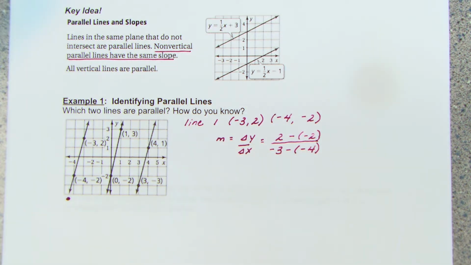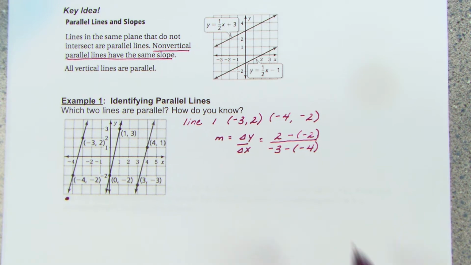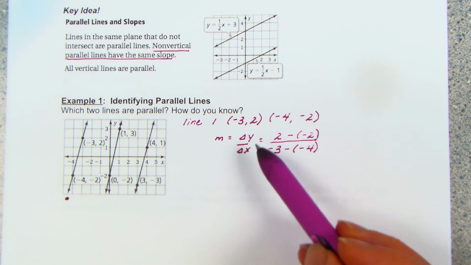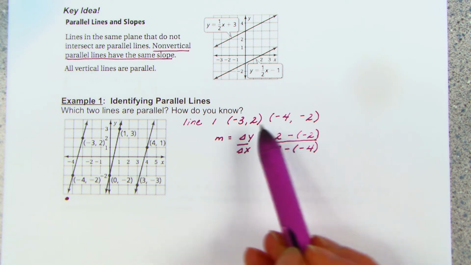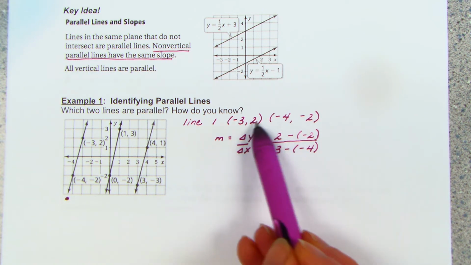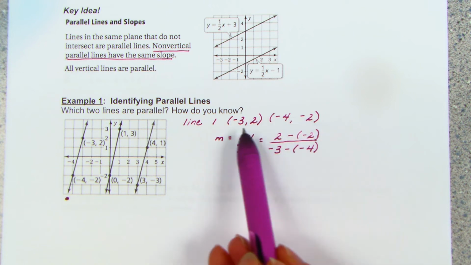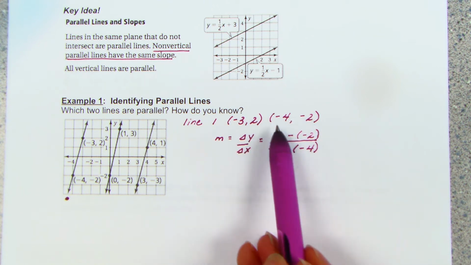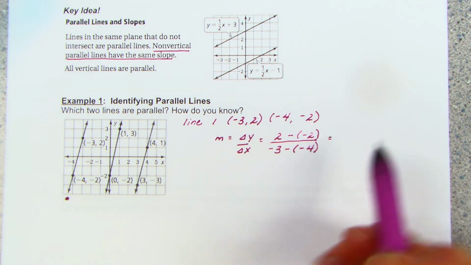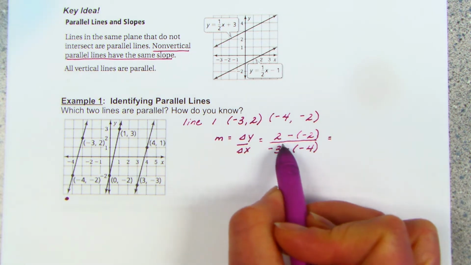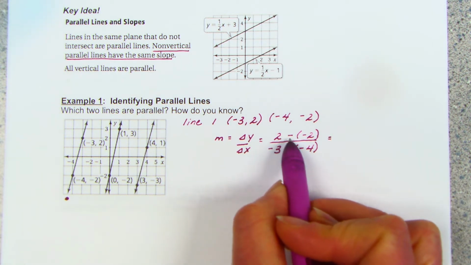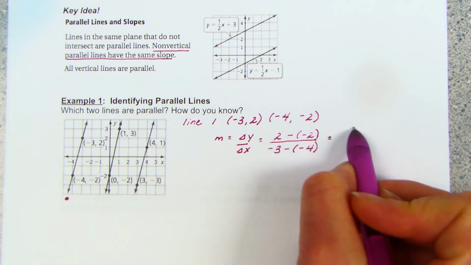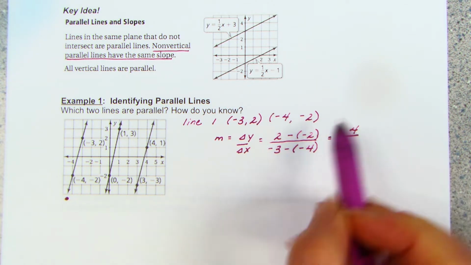And because I'm working with signs, I always double check my work over and over, right? So I want change in y, change in x. 2 minus -2, -3 minus -4. Okay, everything's written down right. 2 minus -2 is the same as 2 plus 2, so that's 4.